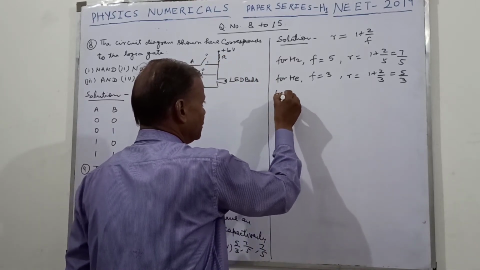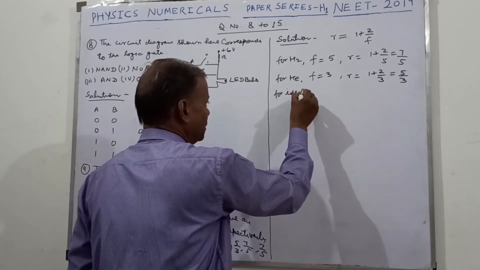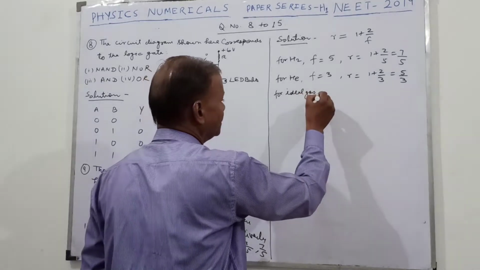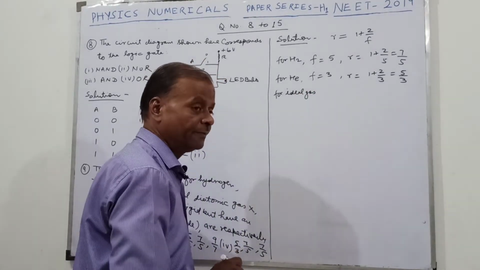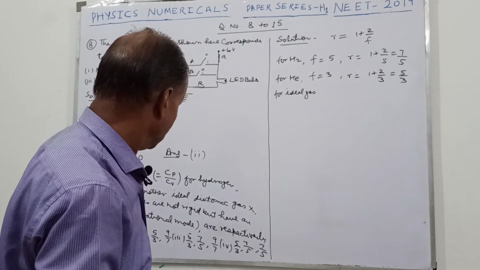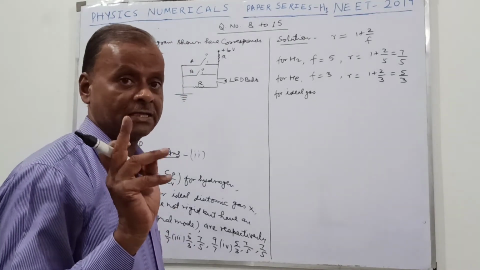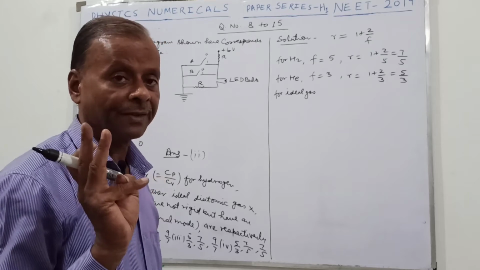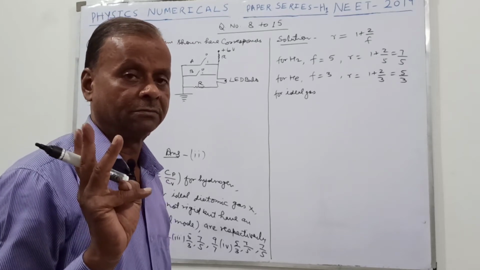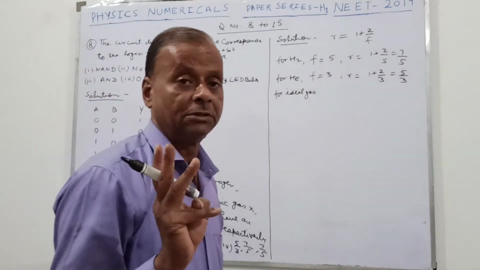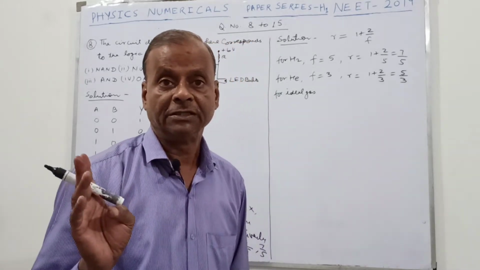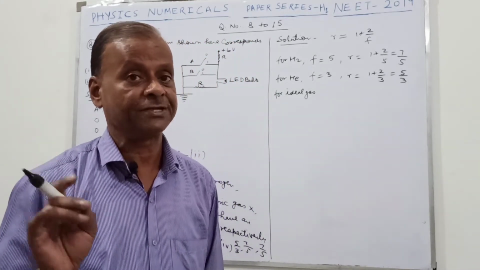And now for the given ideal gas, what will the degrees of freedom be? This is given with the vibrational mode: 3 translational, 2 rotational, and 2 vibrational. When the temperature is very high, then there is vibrational motion.